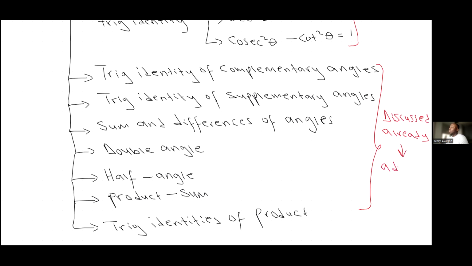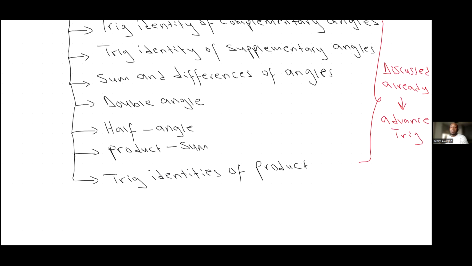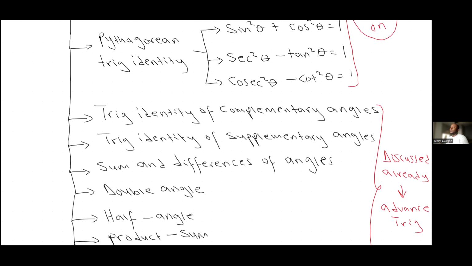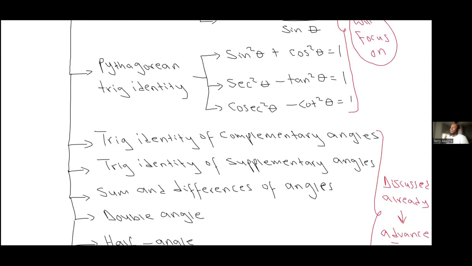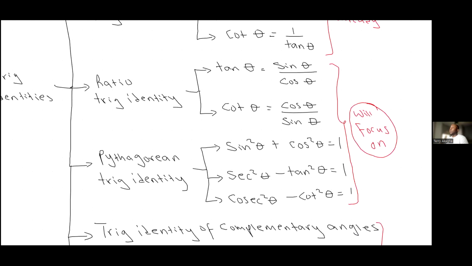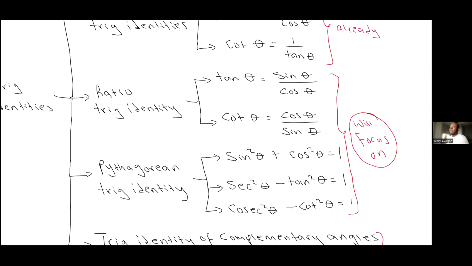So we've talked about this already in advanced trigonometry. If you want to know more about these ones, please go to the playlist and search for advanced trigonometry, then you will see we've talked about all these already. So for this video, I'm just going to focus on the ratio trig identity and the Pythagorean trig identity.